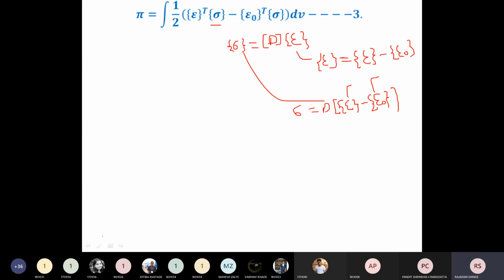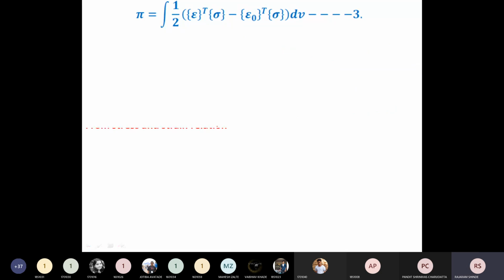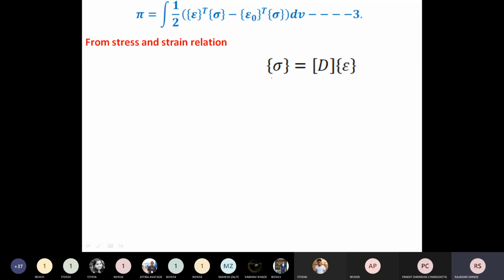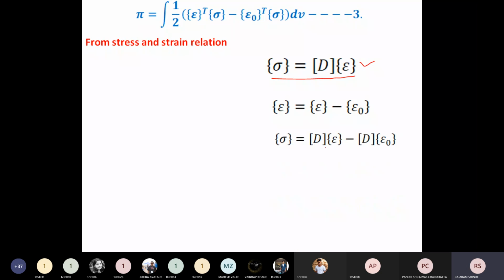Now you can see here how it is going to take the form. Here, from stress strain relation, stress is equal to d into epsilon. I am using general relations, d into epsilon. Now here epsilon will be replaced by epsilon minus epsilon 0. Therefore your stress becomes d into epsilon minus d epsilon 0.